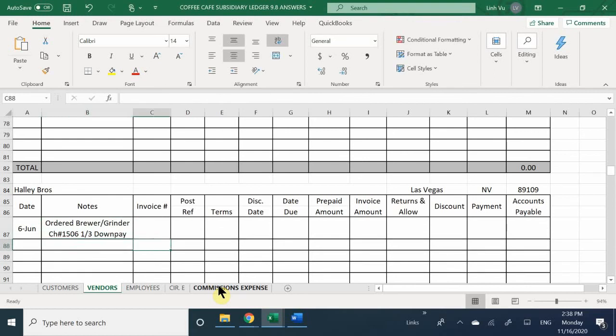So here, instead of the invoice number, I'm going to go ahead and place my purchase order 70303, just because that is exactly what I'm going to be looking at, this particular purchase order, and that's what I made the advance payment for. Post reference is going to be your general journal number 2.